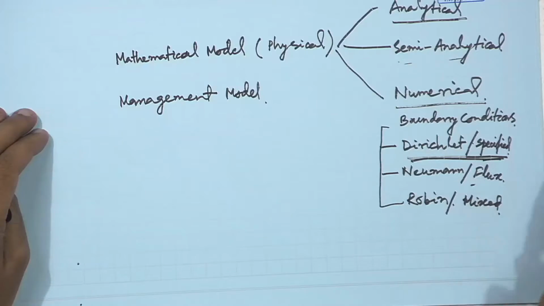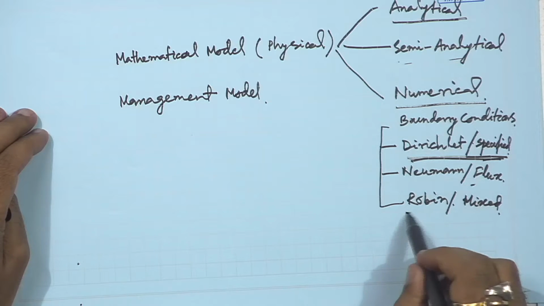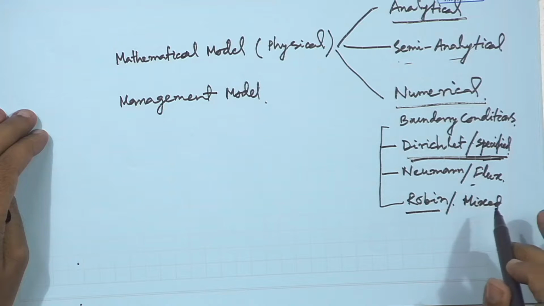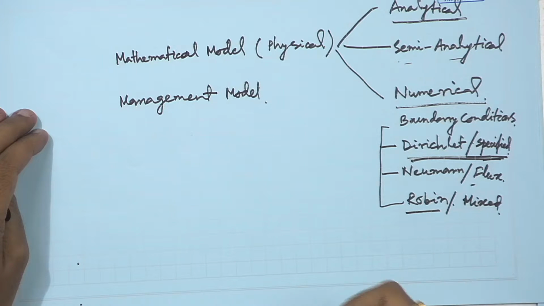If you have mountainous or rocky strata, there will be no flow from that side, so flux should be 0. That is called a zero Neumann boundary condition. If you have a certain amount of flux available, then we call it a normal flux boundary, or Robin kind of boundary condition, which is your mixed boundary condition. It is a combination of both specified. So recharge type boundary conditions are your Robin kind of boundary condition.